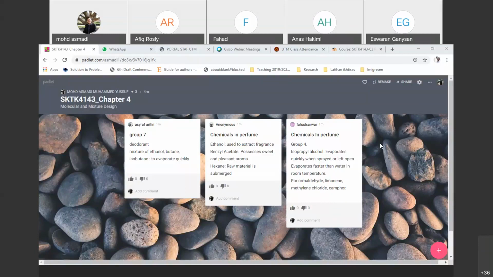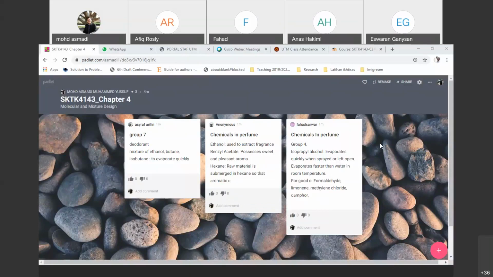Formaldehyde, limonene, methylene chloride. Is it good that we use formaldehyde? It seems like formaldehyde is quite dangerous. Doctor, actually I was reading they use a mixture of chemicals in different percentages. I was trying to find the proper percentage and amount, but I still couldn't find it.